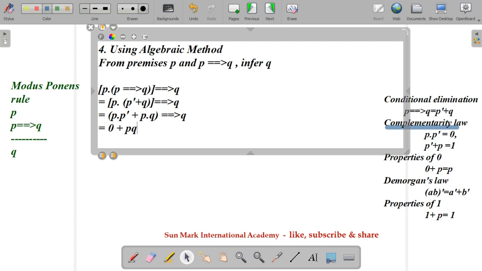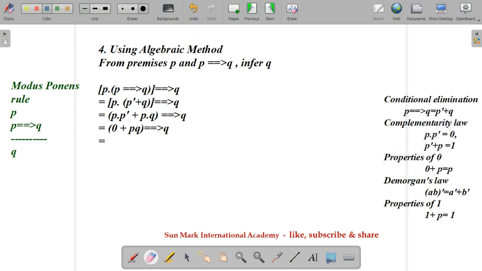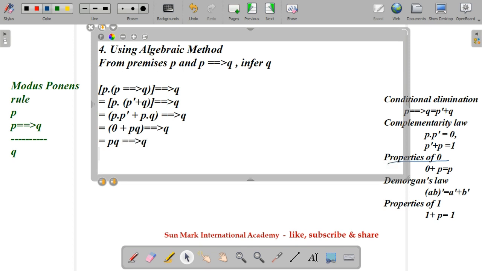So 0 plus PQ, the whole implies Q. Again, 0 plus PQ, that is the properties of 0. 0 plus P equal to P. Using the same, here 0 plus PQ equal to PQ, the whole implies Q.